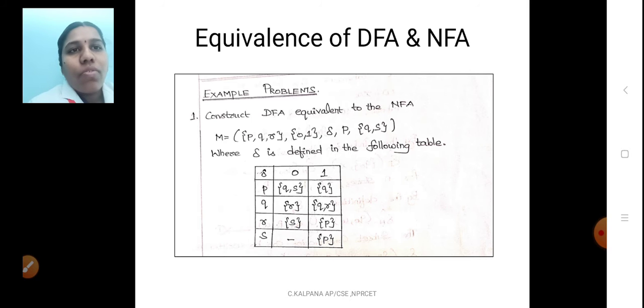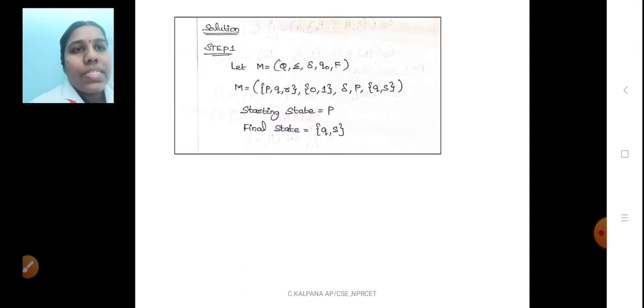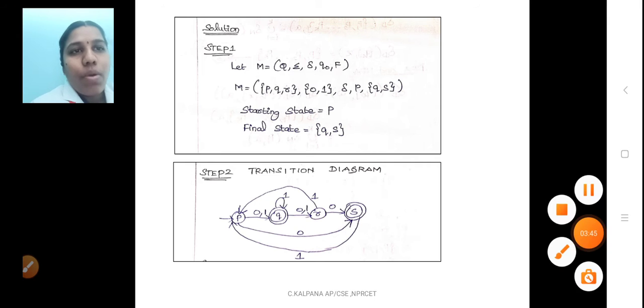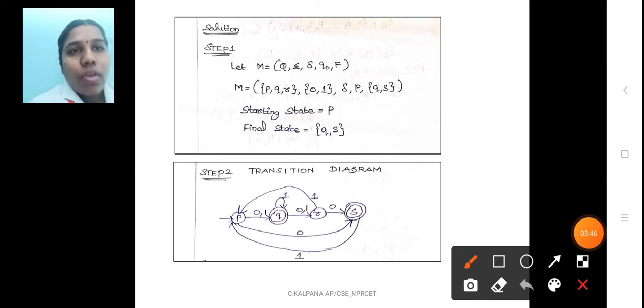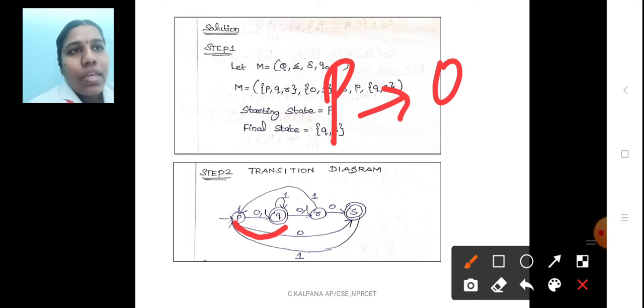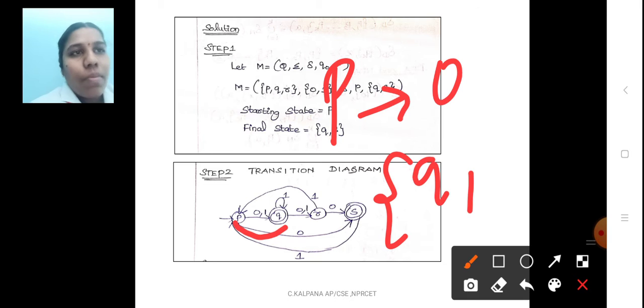Now go back to the question. P, 0 is Q, S. P, 1 is Q. Remember that P, 0 is Q, S. P, 1 is Q. Here we have P, 0 goes to Q because P, 0 is Q, S. So first draw a line from P to Q, input is 0.